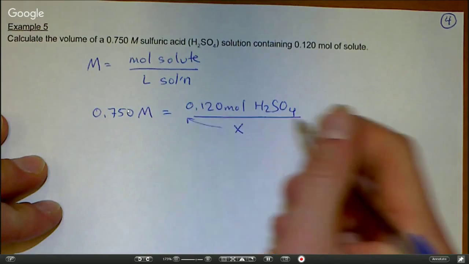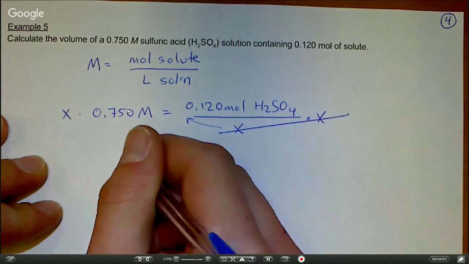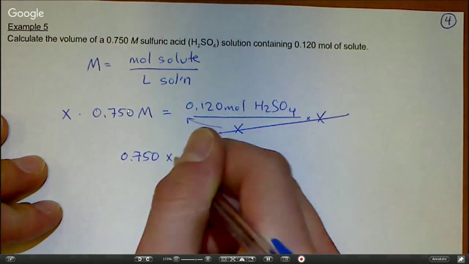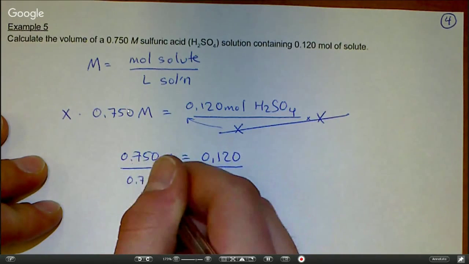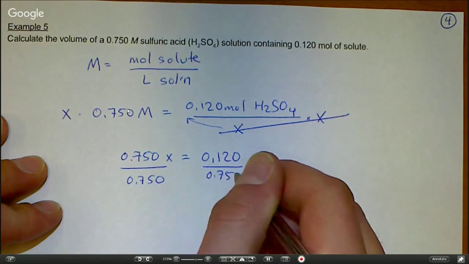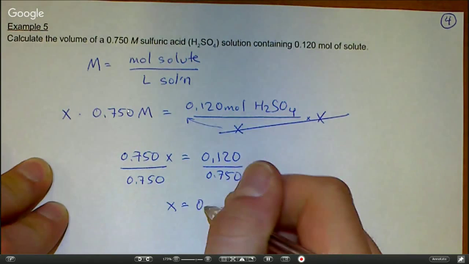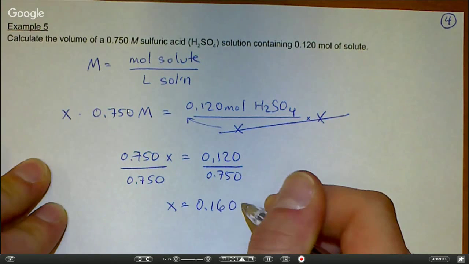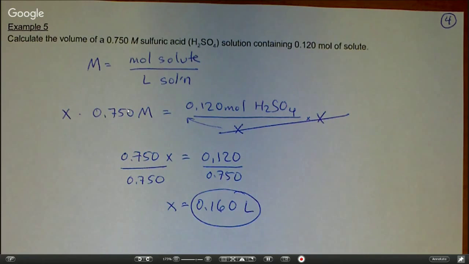Multiply both sides by X, so 0.75 X equals 0.120. Divide both sides by that molarity, and what we get for X is 0.160 liters. So we'd have 0.160 liters of solution for this 0.75 molar sulfuric acid solution. Now, go ahead, get to work on the practice set, and good luck.